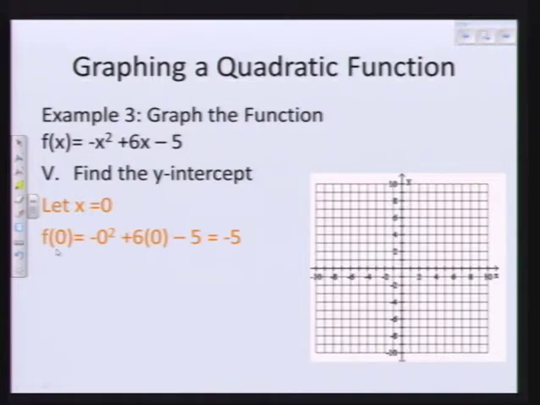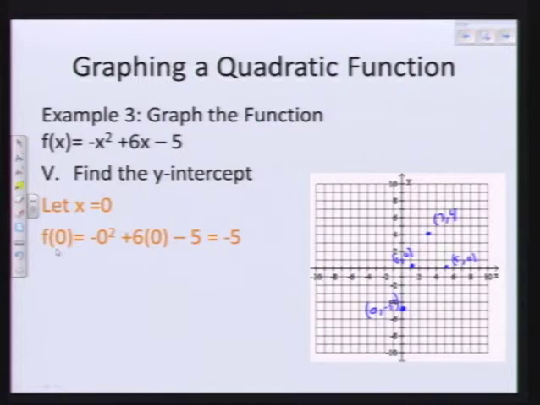And so what we have in this graph so far is the vertex up here at (3, 4). We've got one x-intercept here at (1, 0), another x-intercept here at (5, 0), and now we have a point down here at (0, -5). All right?